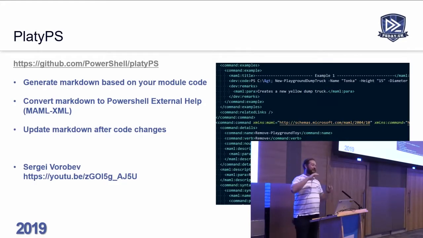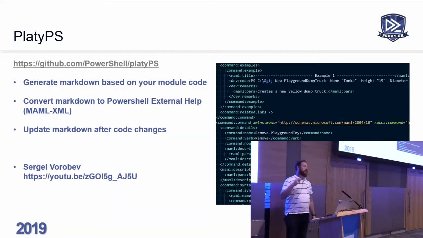But it will create a template for you where you can fill in and automatically format it for you. From that source, it will convert everything to MAML XML for you. And since it is Markdown, it will also easily convert to HTML.